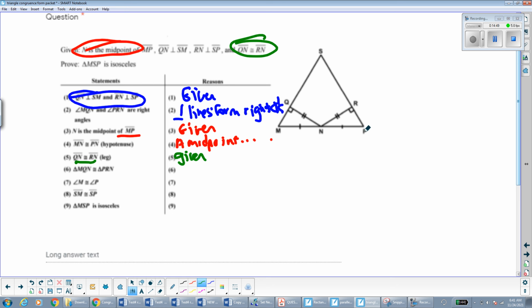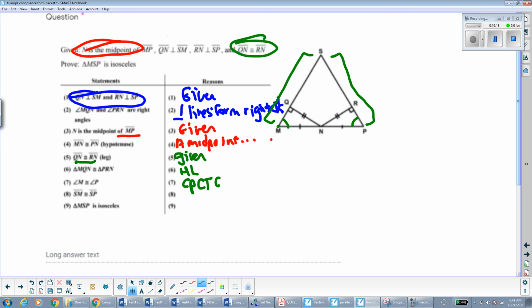How do we know the two triangles are congruent? That is by HL. How do we know that angle M is now congruent to angle P? Well, we just proved the triangles are congruent. So we know that due to CPCTC. How do we know now that SM is congruent to SP?